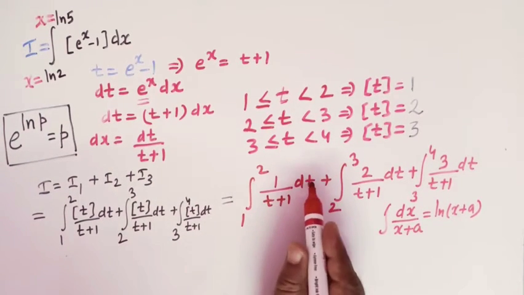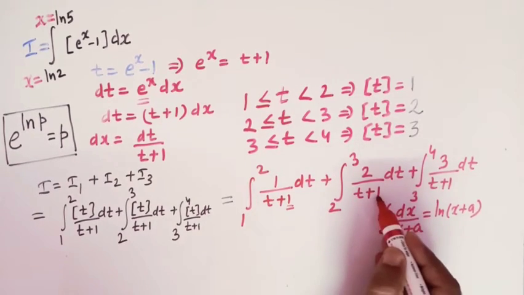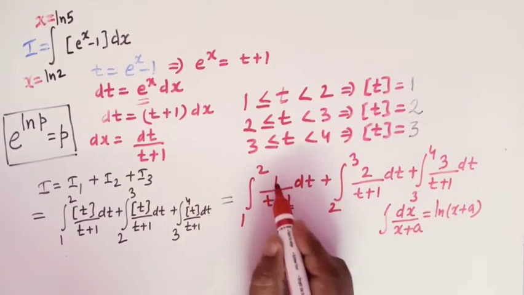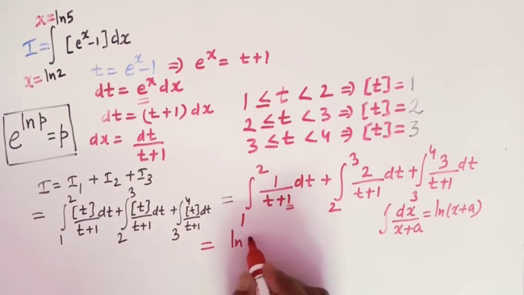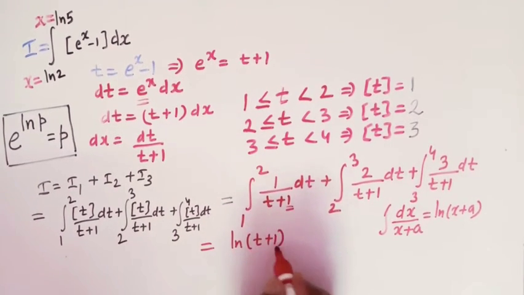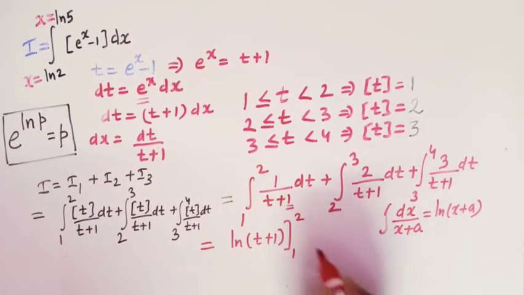So here we have the variable t, and for a we have 1. So now the integral of 1 over t plus 1 is equal to log of t plus 1, and the limits are from 1 to 2.